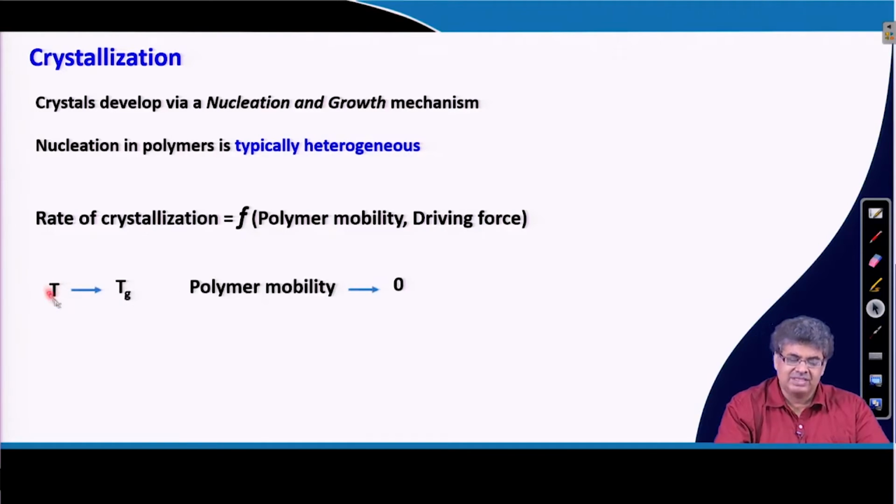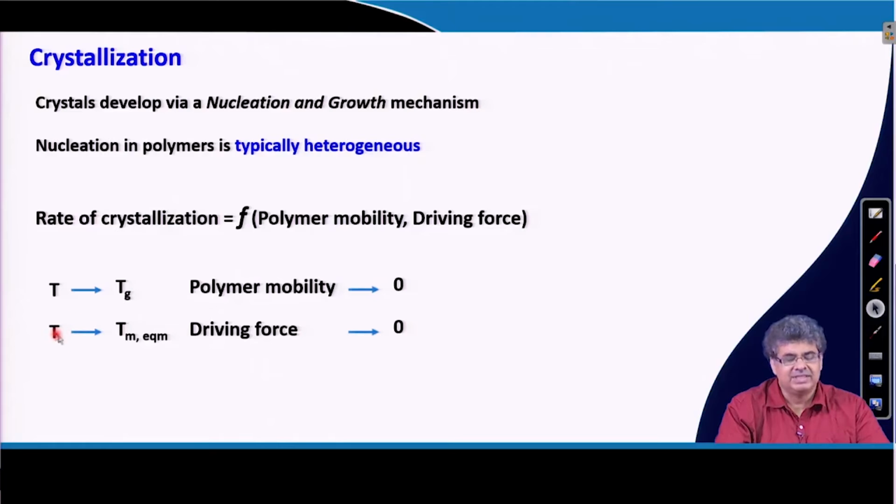When the temperature is around Tg, the polymer mobility is zero. If we increase the temperature above Tg, we slowly start to induce polymer mobility. And when the temperature is close to the equilibrium melting point, the driving force becomes zero.